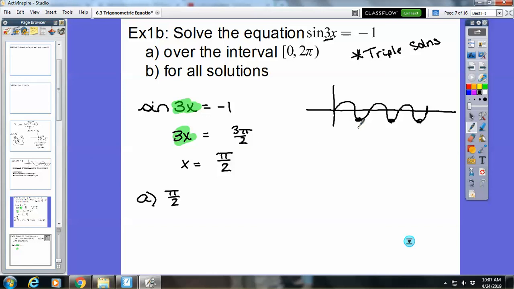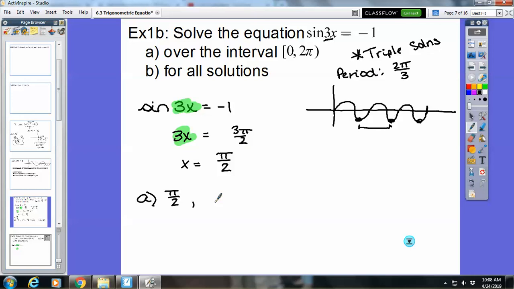You could graph it, or we could just know that from here to here, this is the period of the graph, right? Period is how long it takes to repeat. So the period of this, normal period for sine is 2 pi divided by the number in front of x, so that's 2 pi over 3. So to get my other 2 answers, all we have to do is add 2 pi over 3.